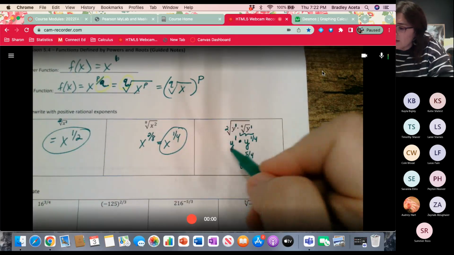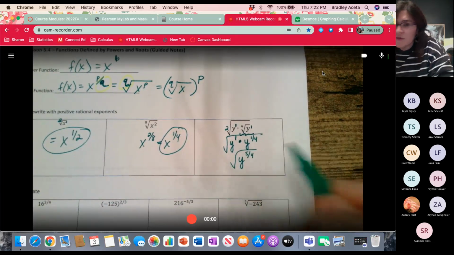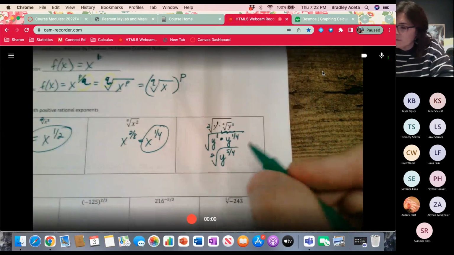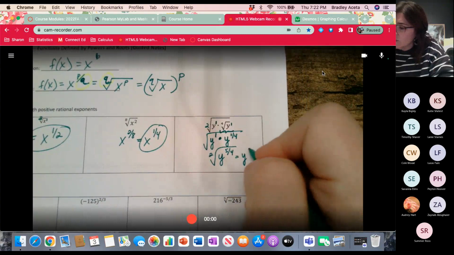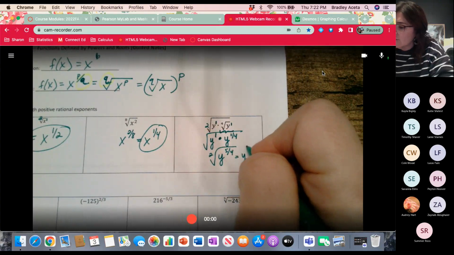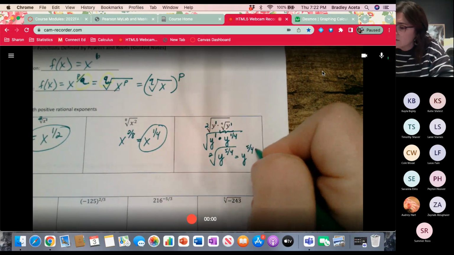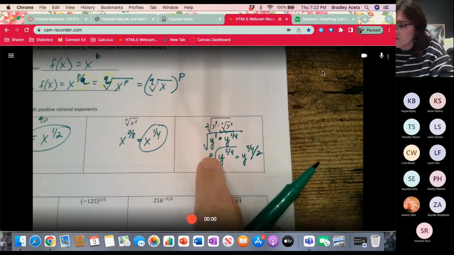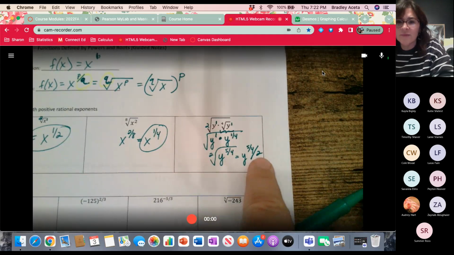And then don't forget, this is still under a square root. So that would mean y to the 5/4. You can even think like this, divided by 2. I know that seems crazy, but that's what you're doing, because whatever your index is, is what you're dividing by.